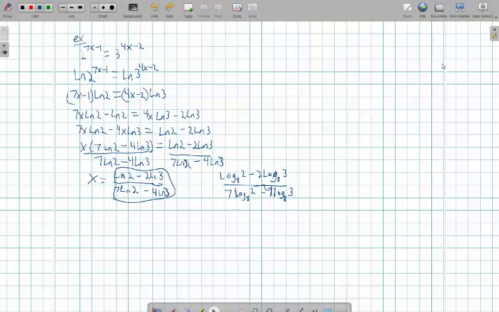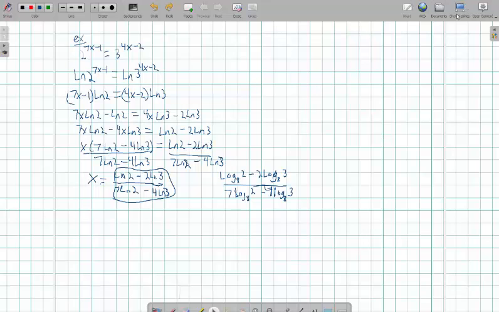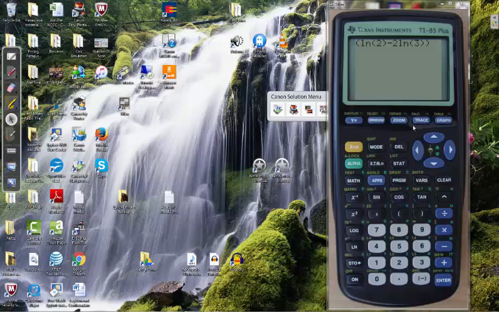We have ln of 2 minus 2 ln of 3. So parentheses, ln of 2 minus 2 ln of 3. And then we divide by 7 ln of 2 minus 4 ln of 3.